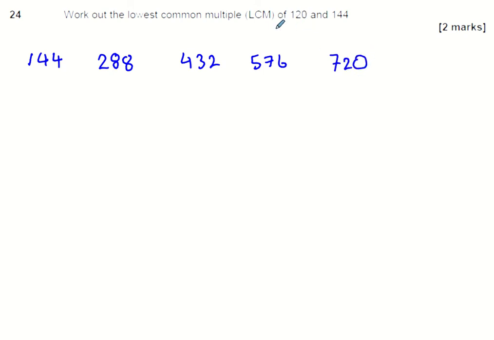If I do the same for 120, 1 times 120 is 120, 2 times is 240, 3 times is 360, 4 times is 480, 5 times is 600, and 6 times is 720.